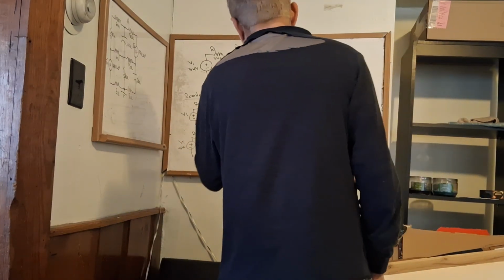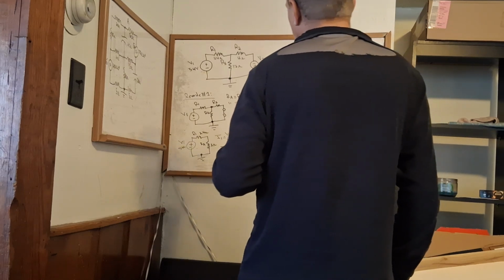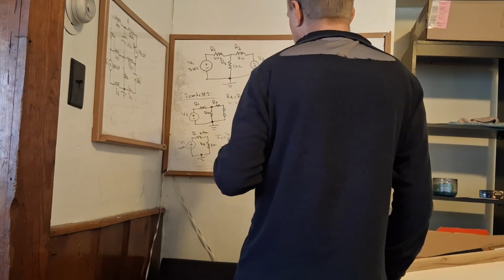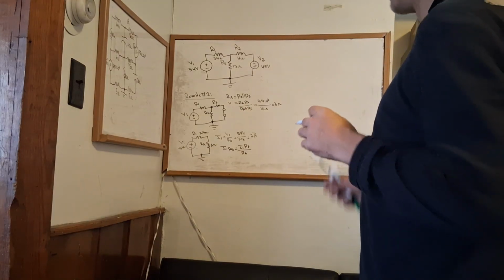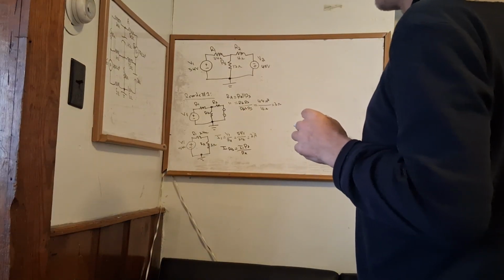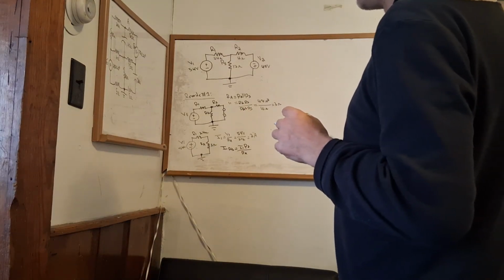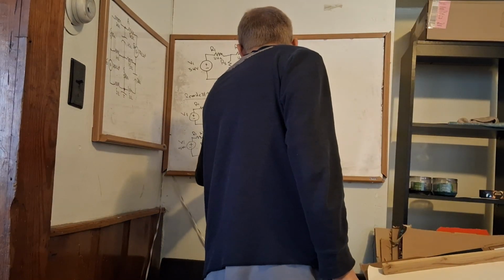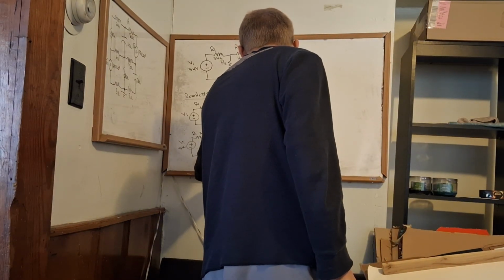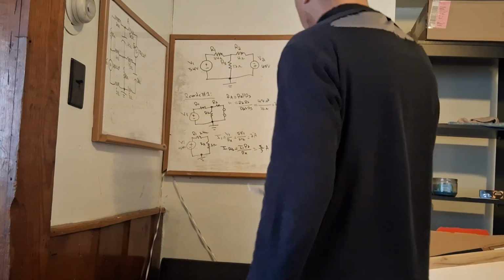Well, R2 is 4 ohms and RA is 3 ohms. So 4 divided by 3 times 2, 8/3. So 8/3 amps. I'm just going to write it just like that.